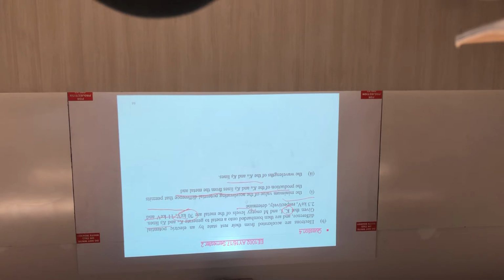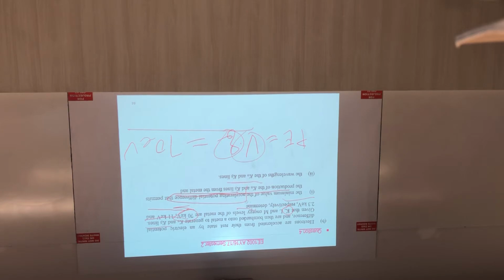So the required accelerating potential is related to the potential energy, which is going to be potential times charge. This must be 70 kiloelectronvolts, which is the energy of the K shell. Of course, Q is going to be your electron charge, and then you can solve this for the potential.